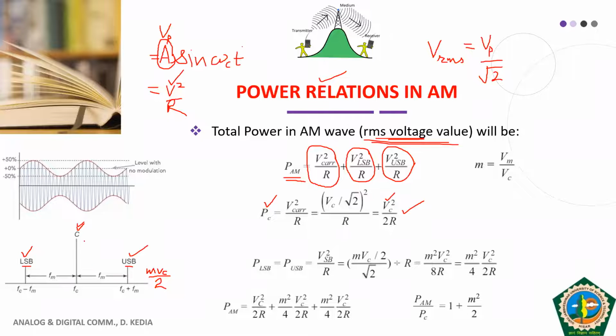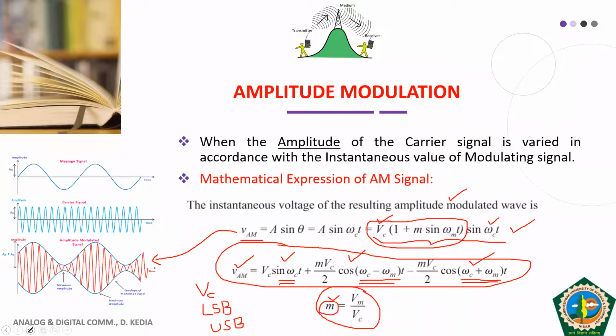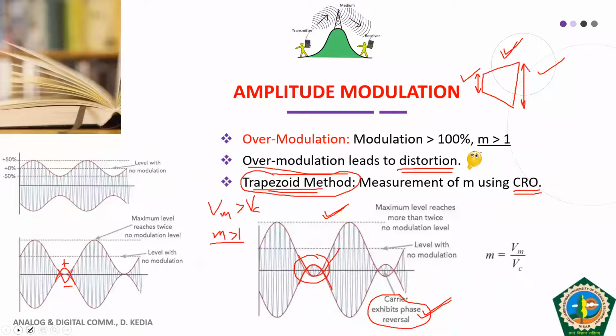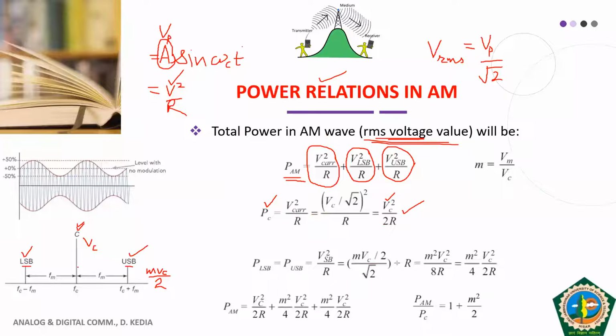And the amplitude of the carrier component is VC. From where did I come to these values? If you look at this expression again, the amplitude of carrier is VC. The amplitude of the two sidebands is the same, that is MVC by 2. So the same thing I have used here. So the amplitude of lower sideband and upper sideband is MVC by 2, and the amplitude of carrier is VC.